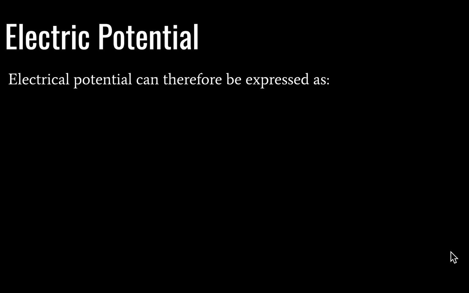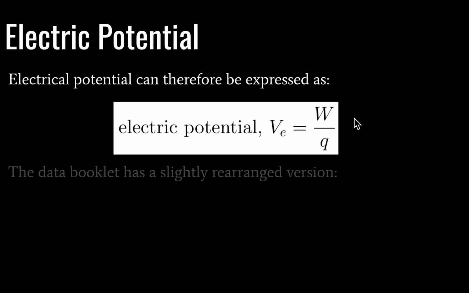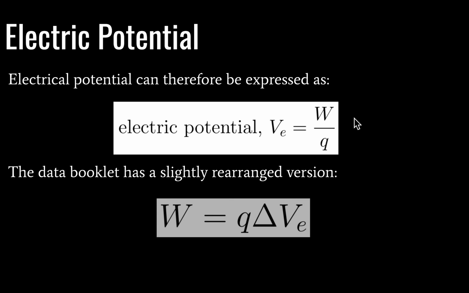Okay, so our electric potential can be expressed, no surprise, as the work done per charge. Again, this is the work done moving our charge from an infinite distance into a larger charged object. Okay, our data booklet then gives this version, once again, where work is equal to charge times our change in electric potential.